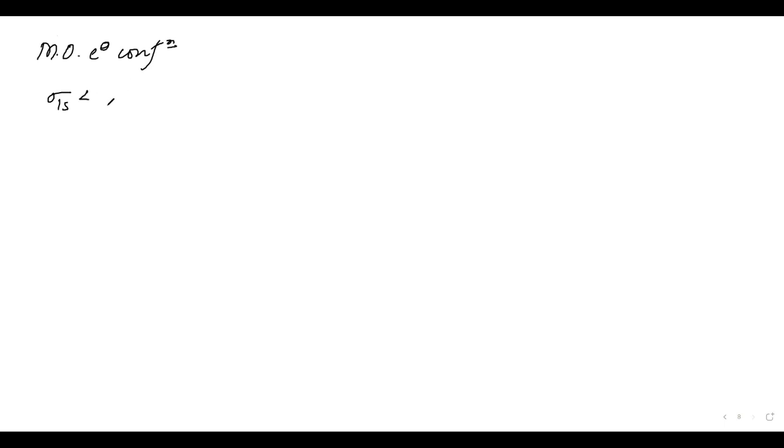Then we have sigma star 1s, then sigma 2s, then sigma star 2s and so on. Correct, Mariam? Now you tell me what will come after sigma star 2s. Sigma 2p. Oh wait, there can be pi bonds also.